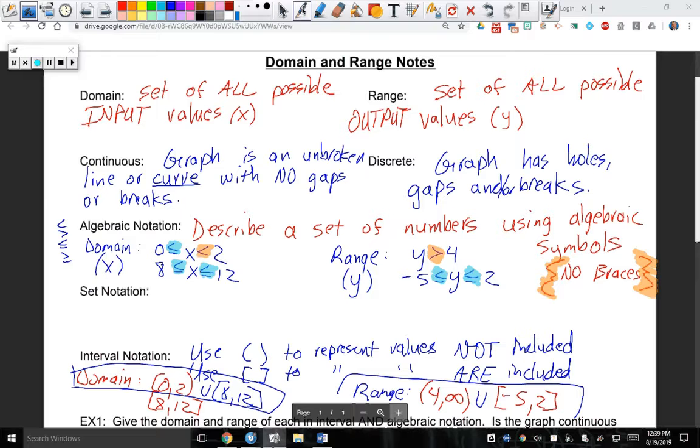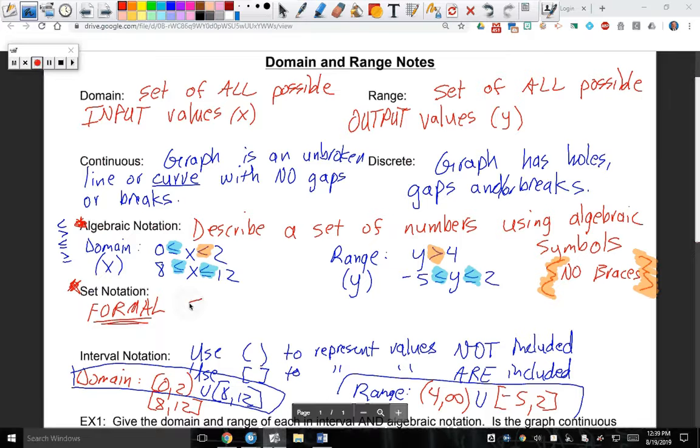Now, a lot of you are dressed very nice today. We'll say that that's the algebraic, and the set notation is a formal type of algebraic. And this is for those of you who want to do theory and higher level math in college, okay? It's just saying this, like the domain that we looked at right here.